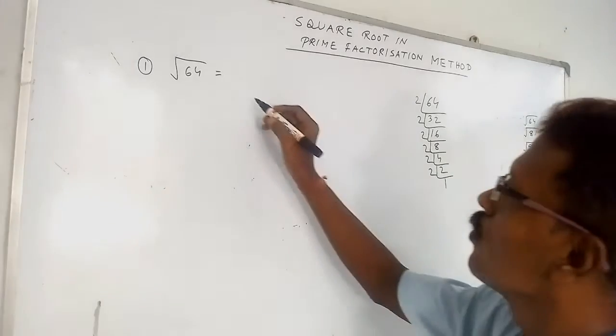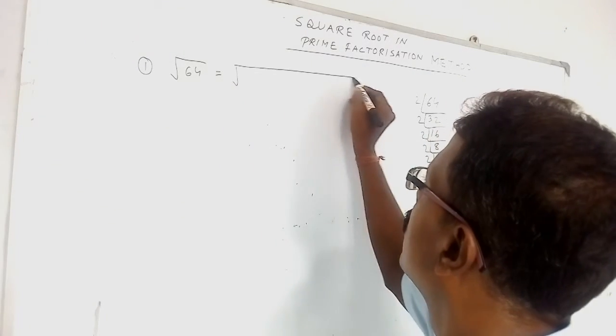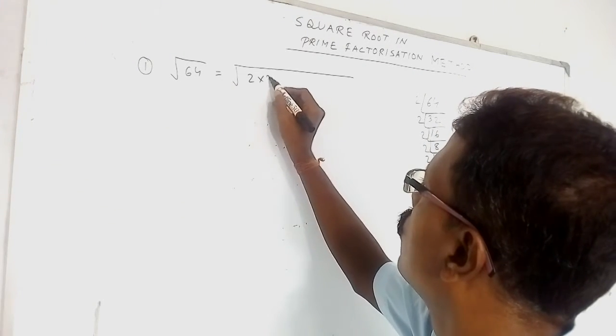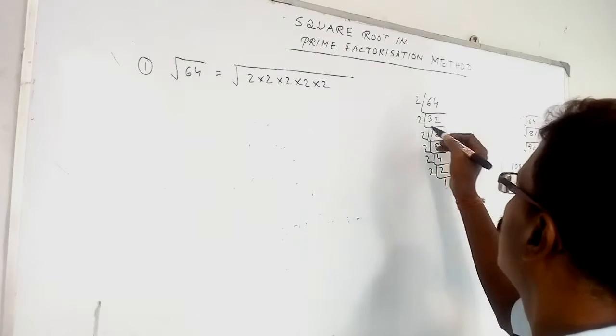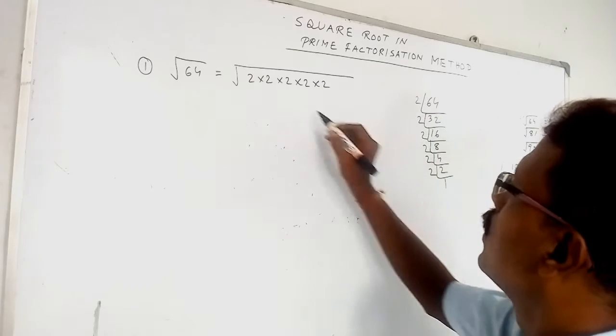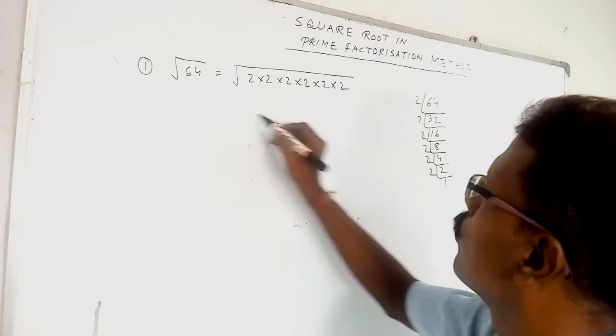So 64 is equal to 2 into 2 into 2 into 2 into 2 into 2, that is 1, 2, 3, 4, 5, 6, six 2s.